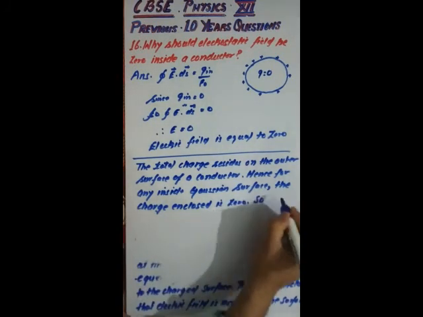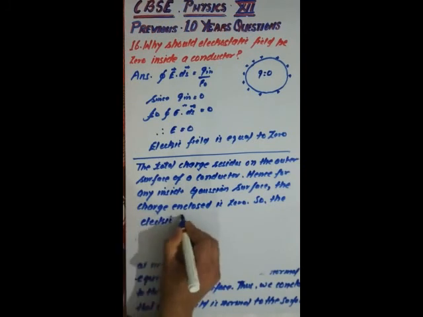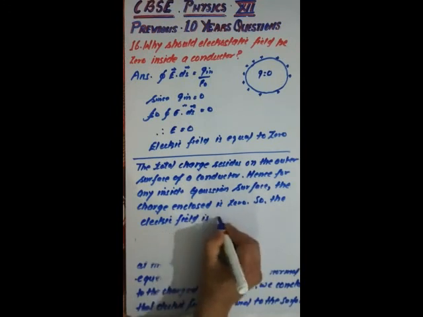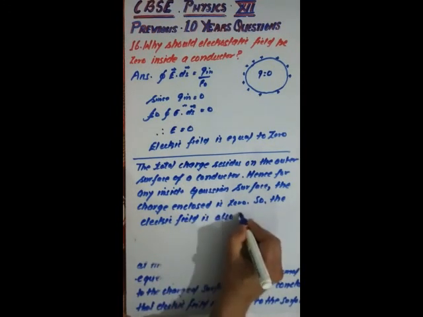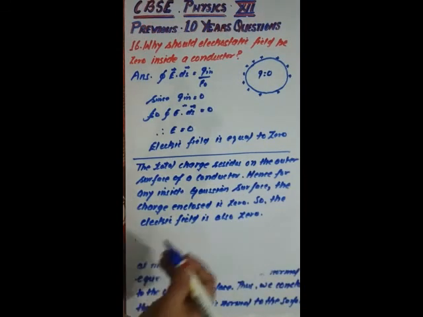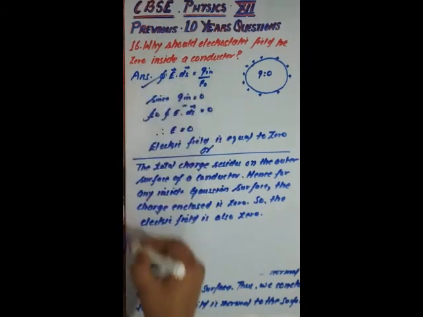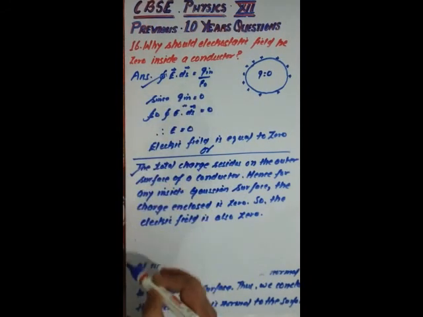So the electric field is also 0. Both are same. If you wanted to write this one or this one. Okay. The next question.